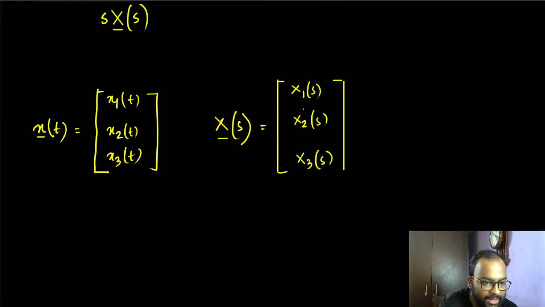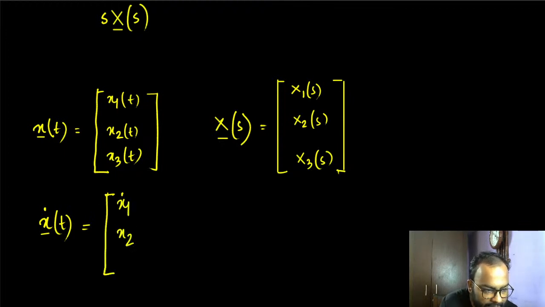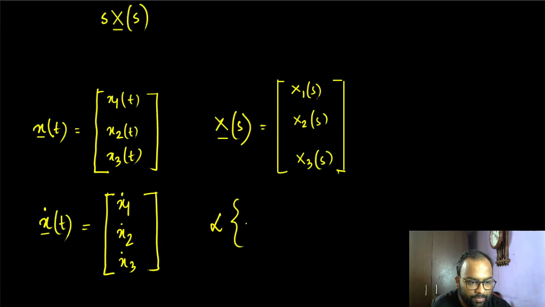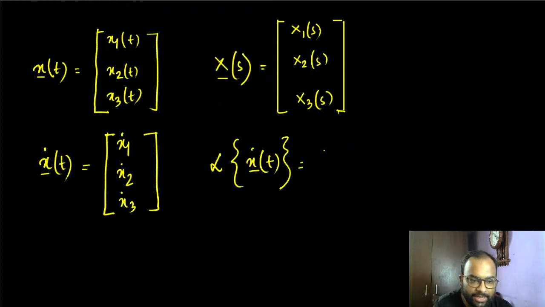And just like that, the Laplace transform of the derivative of this. So if I have this X dot, the derivative of the state vector, that is just X1 dot, X2 dot, X3 dot, and the corresponding Laplace transform of that is simply s times the individual Laplace transform.